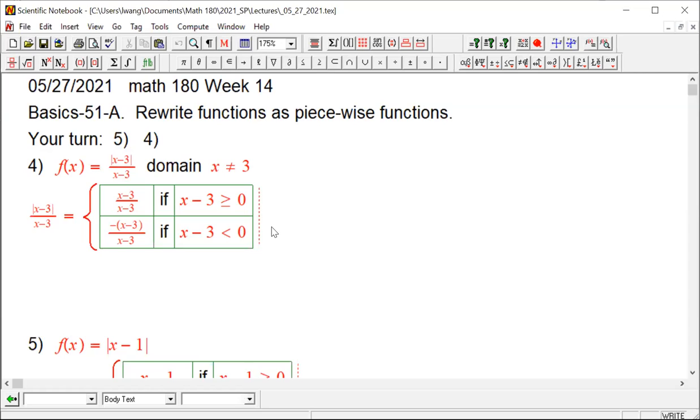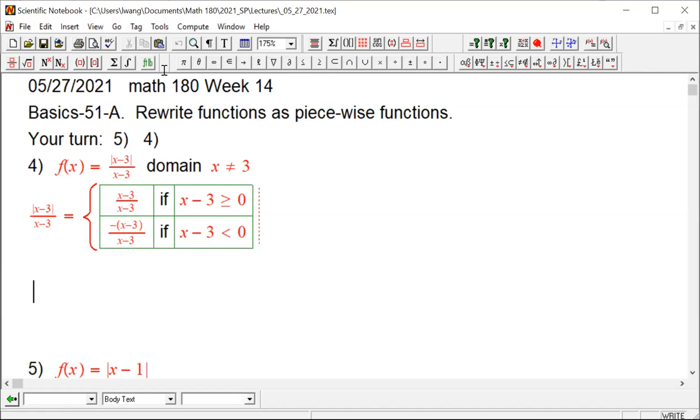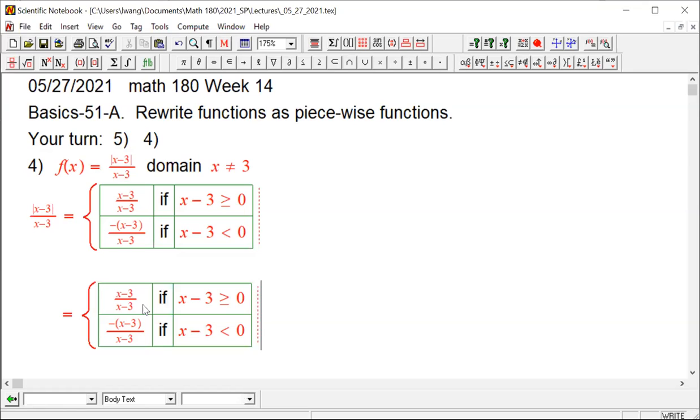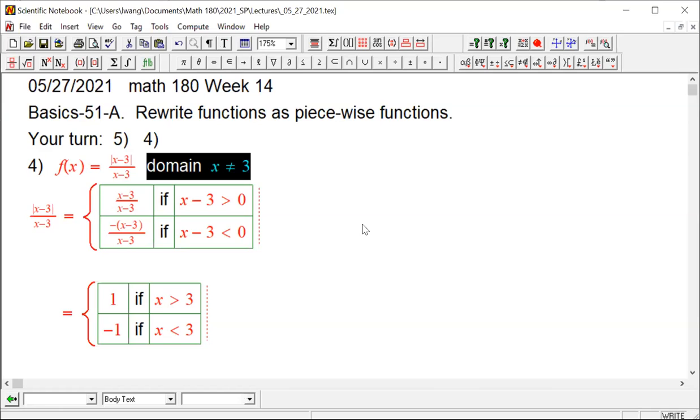So in the end, you are getting this is 1 and this is -1 and this is larger than or equal to 3. And this has to be larger, not equal. Do you guys see that? Less than 3, because the domain has to be considered. You follow me?